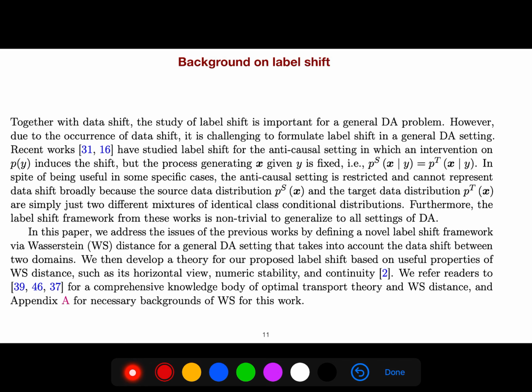But due to occurrence of data shift, it is challenging to formulate label shift in a general domain adaptation setting. So we addressed the issues by defining a novel label shift problem framework using this Wasserstein distance for general domain adaptation.